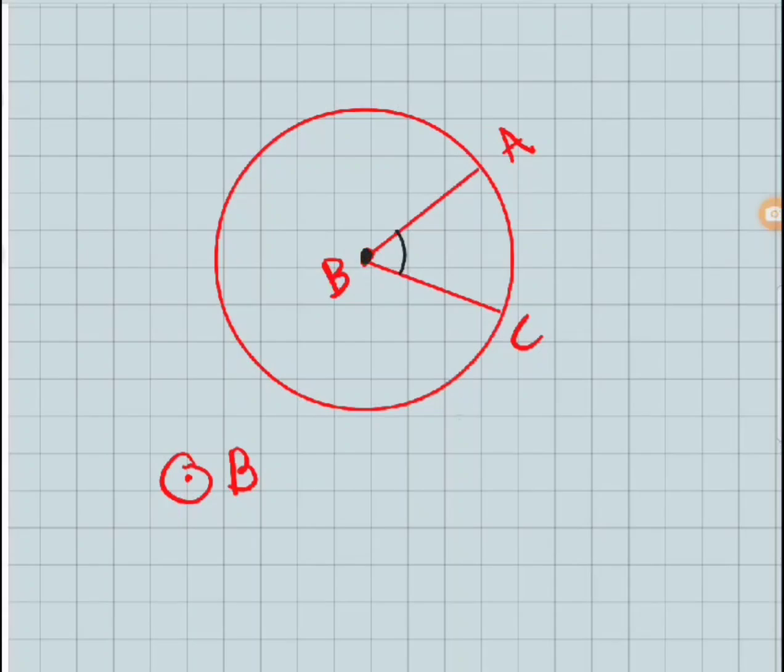So B is the vertex. Now, you need to know that the measure of a central angle is equal to the measure of the intercepted arc. So angle ABC and arc AC have the same measure. So let's say that angle B is 60. That means that arc AC is also 60 degrees.